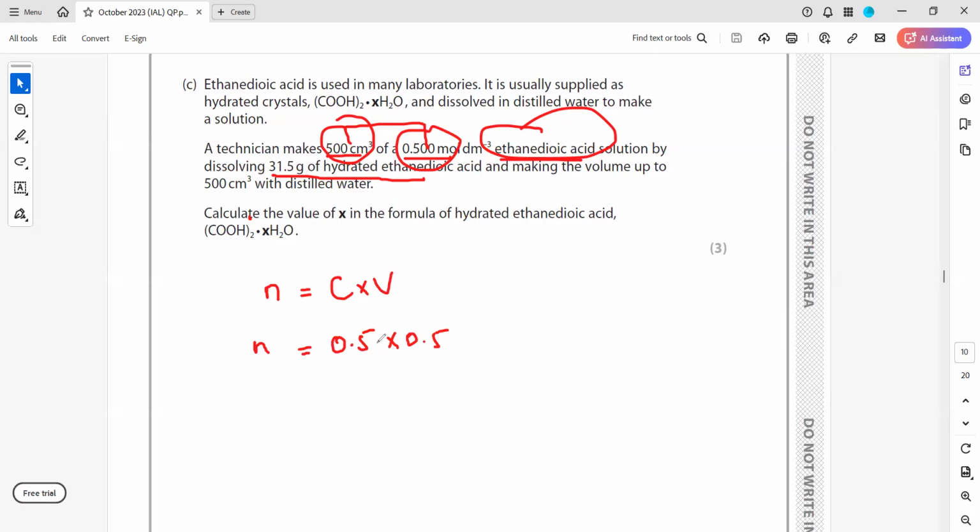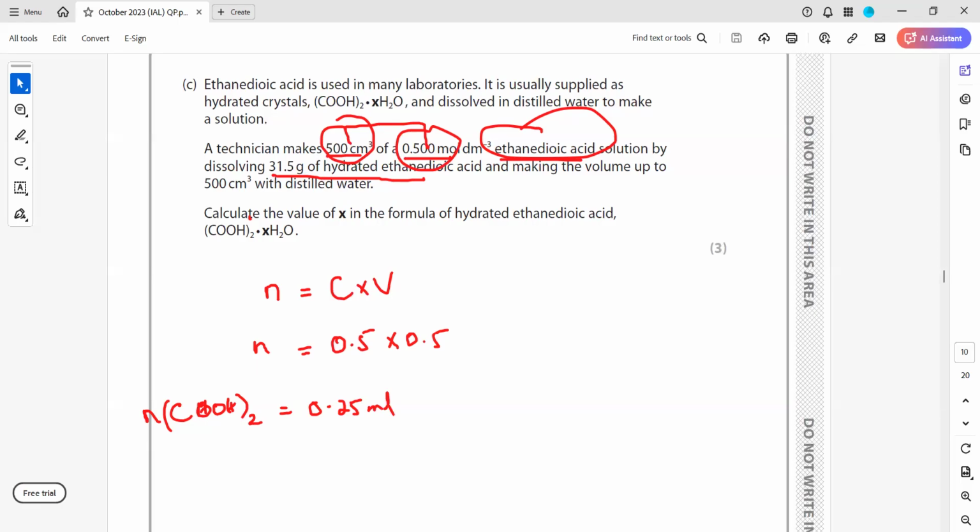So this will give us the moles of ethanedioic acid, (COOH)2. Because it is 0.5 times 0.5, 0.25 is there. So we got 0.25 moles.